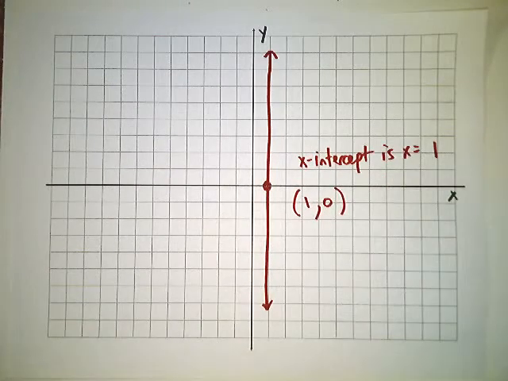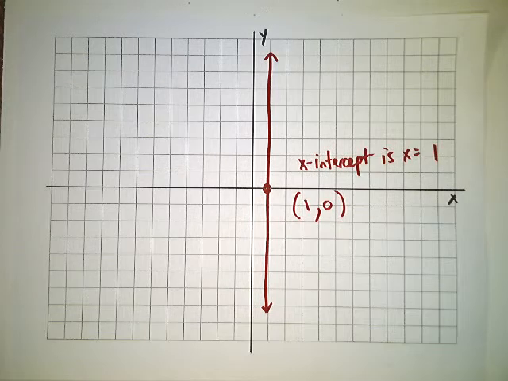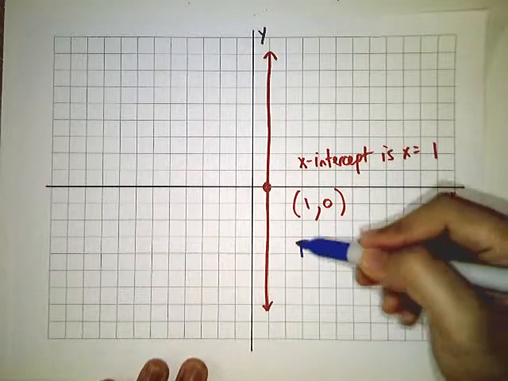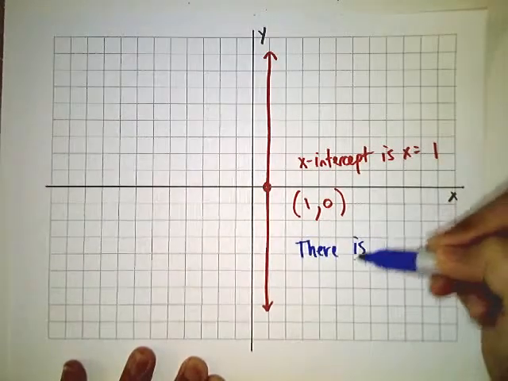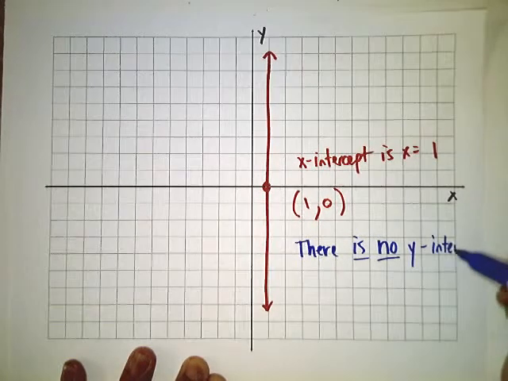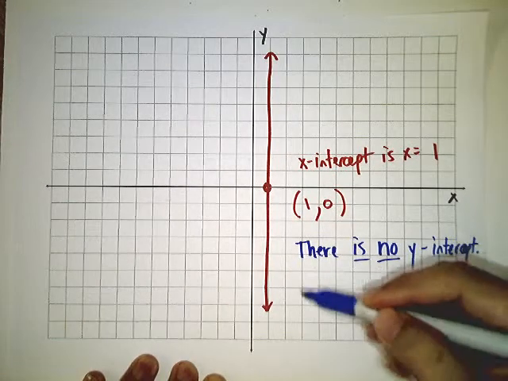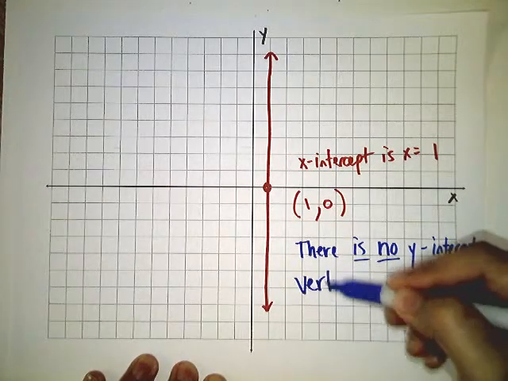Now the question is, what's the y-intercept? Where does this line hit the y-axis? Hopefully the answer you can see is there is no y-intercept. This line never hits the y-axis.